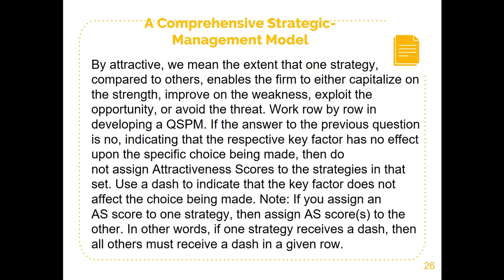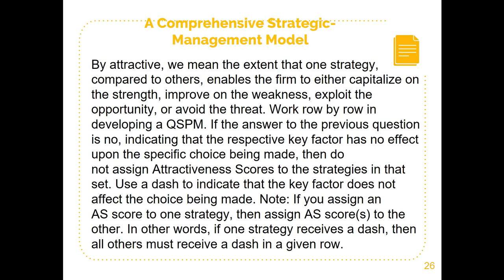If the answer to the previous question is no, indicating that the respective key factor has no effect upon the specific choice being made, then do not assign attractiveness scores to the strategies in that set. Use a dash to indicate that the key factor does not affect the choice being made.